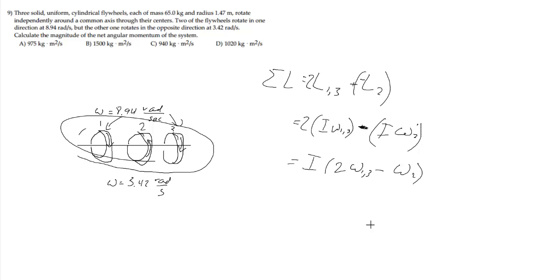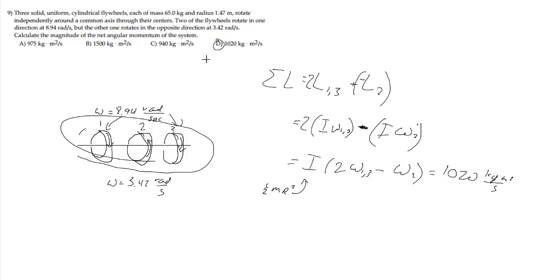Alright, and plugging all those values in, solving for I, which for a solid sphere is going to be 1/2 mr squared, and plugging in the different omegas here, will give us a total angular momentum of D, which is 1020 kilograms meters squared per second, roughly.